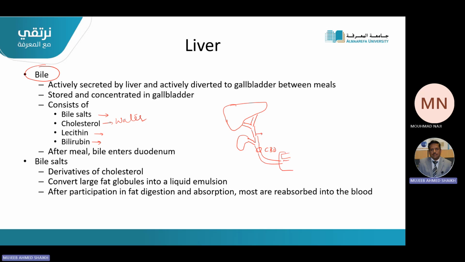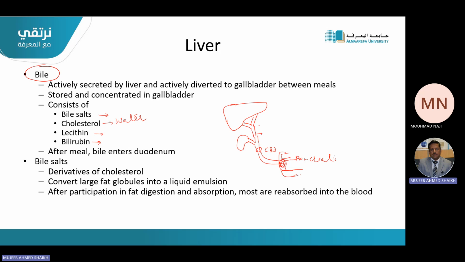It opens here, guarded by a valve. Here is the pancreatic duct. Combined, the bile duct and pancreatic duct open into the second part of the duodenum.